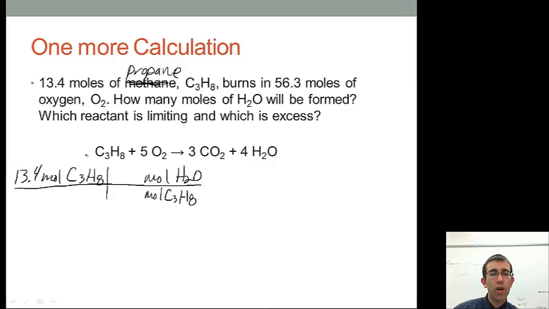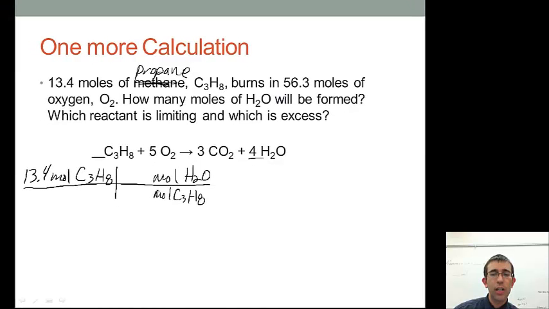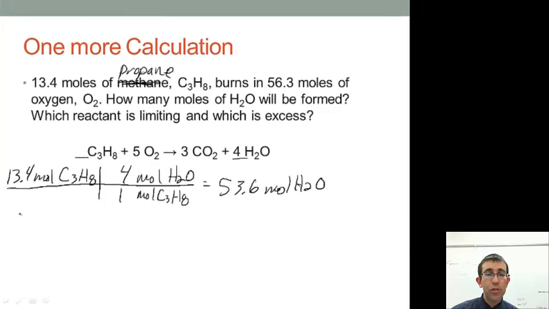Find my numbers from my coefficients here and here. My propane is 1. My water is 4. So 13.4 times 4 gives me 53.6 moles of H2O.